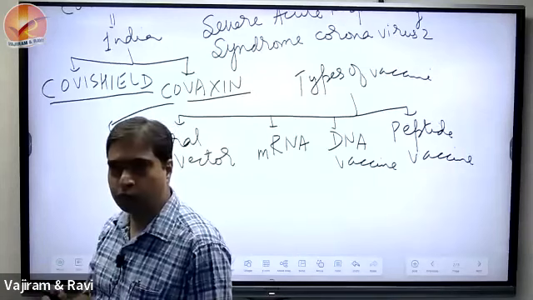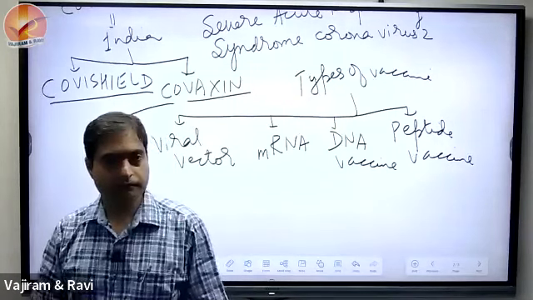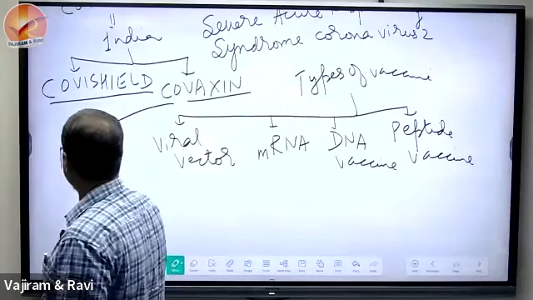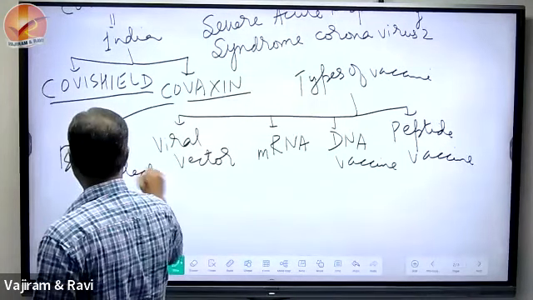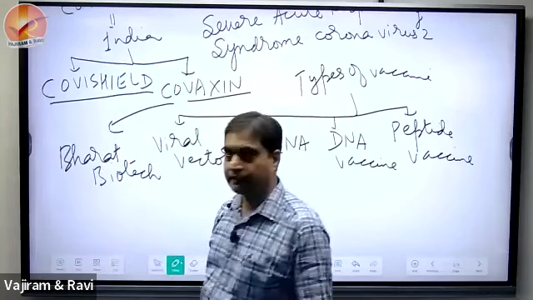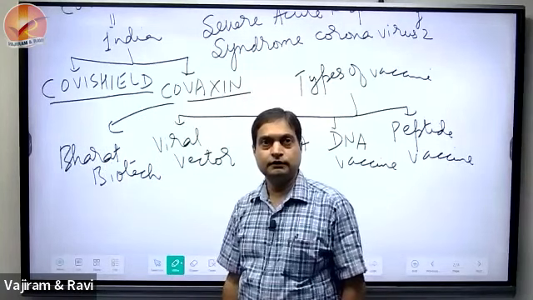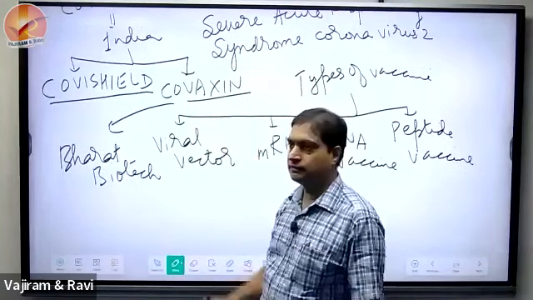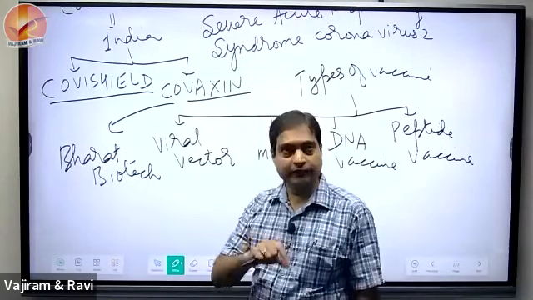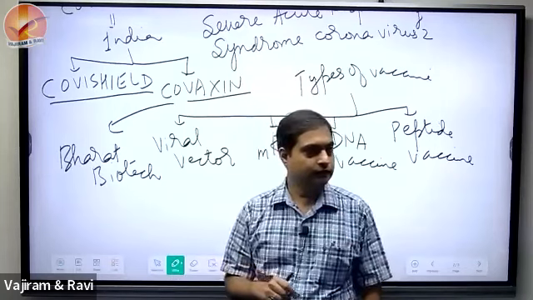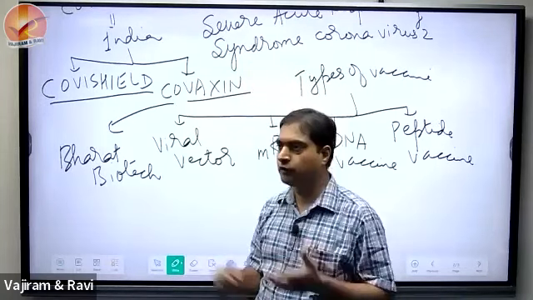Indigenous means what? Homemade, isn't it? So Bharat Biotech, an Indian manufacturer, developed this Covaxin, which is a COVID-19 vaccine. So this is a factual statement, isn't it? That everyone should know.